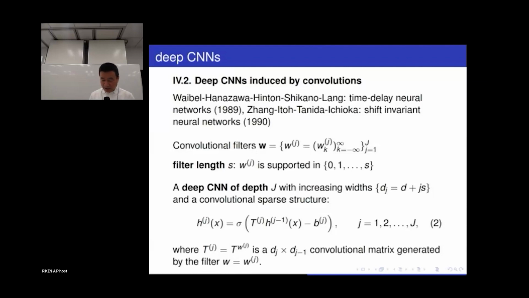So suppose we consider altogether J layers, small j from 1 to capital J, then the iteration relation is the same as before for the fully connected neural networks, except that the connection matrix T_j now is a convolutional matrix. It's a Toeplitz matrix with only s plus 1 possibly non-zero entries. So the structure is the same, but the number of parameters we need to train is much smaller than before.